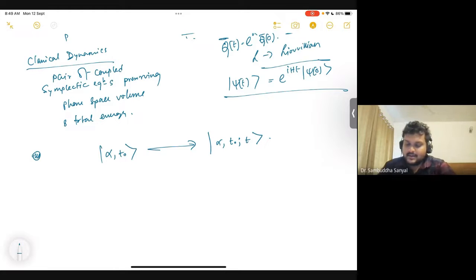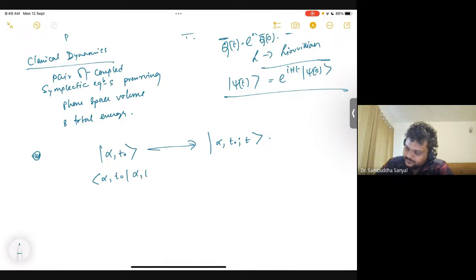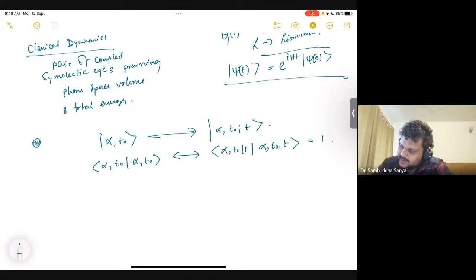It has to be unitary because it must be a probability, so both norms have to be one, and therefore it must be connected by some unitary operator.